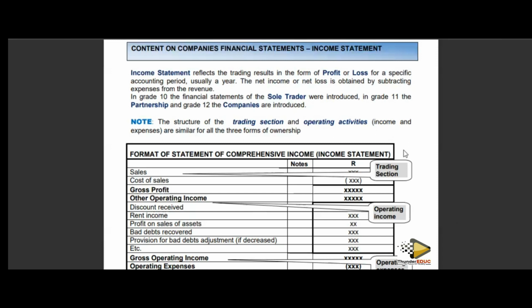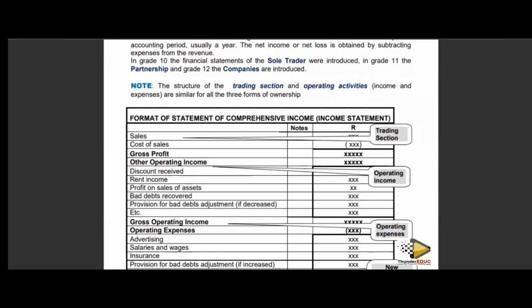Now, when we go down here in our income statement, they are reminding you that in grade 10, you prepare the financial statements for a sole trader. Then in grade 11, partnerships. And then in grade 12, we do companies, as I've explained to you already.